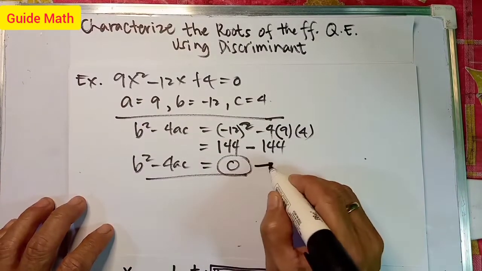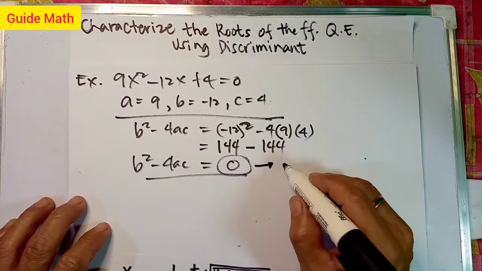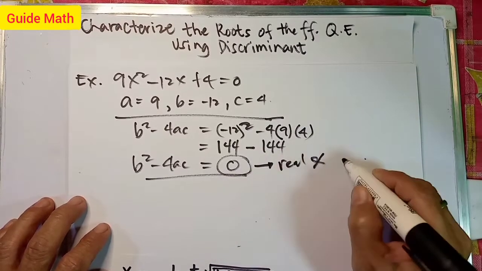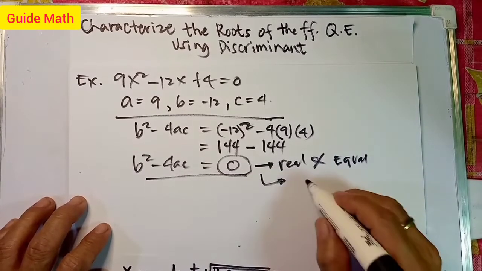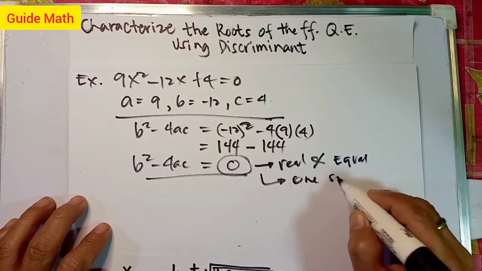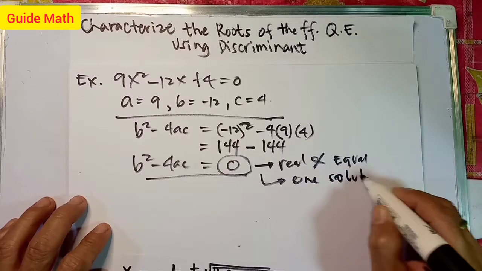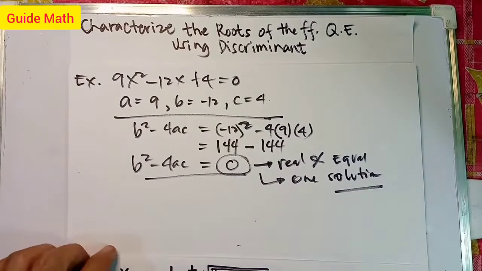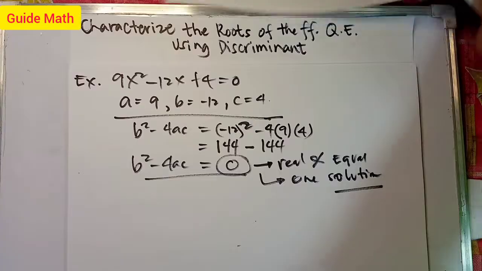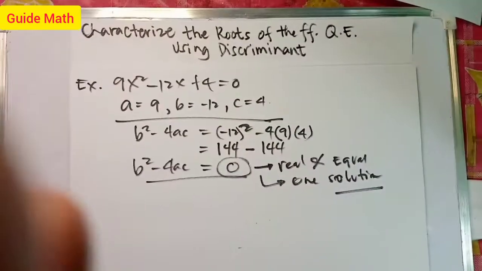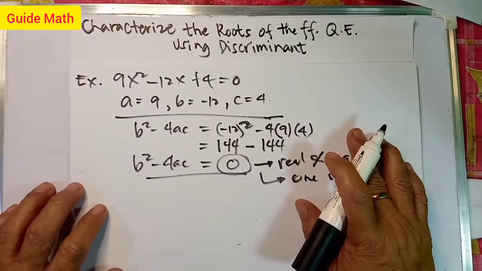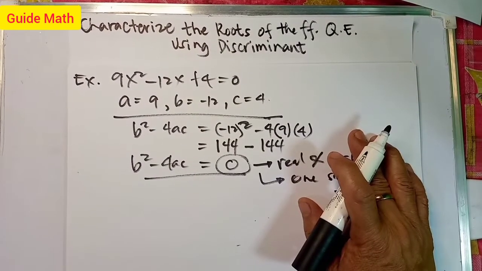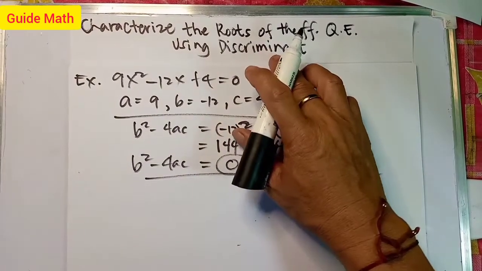So, therefore, the roots are real and equal, or pwede natin sabihin that it has one solution. One solution. Okay? So, that is on how to characterize the roots of the quadratic equation using the discriminant. Ganun lang ang process natin.